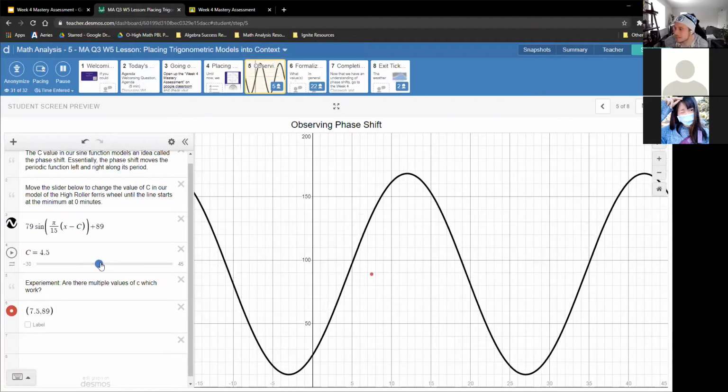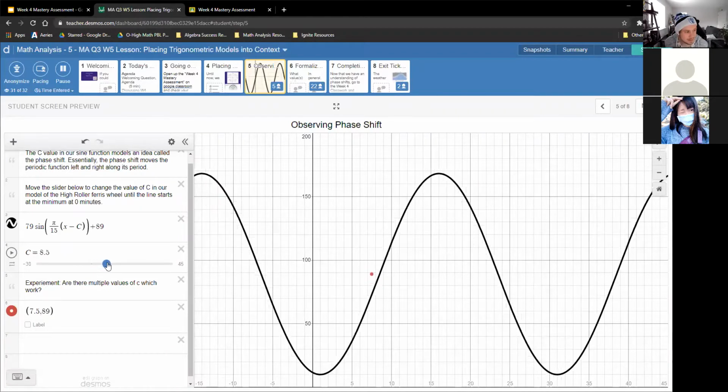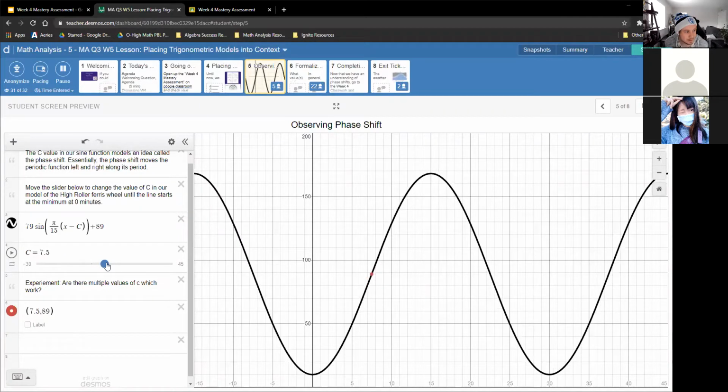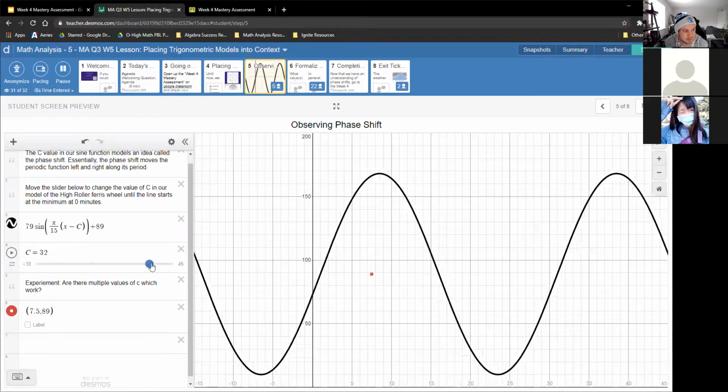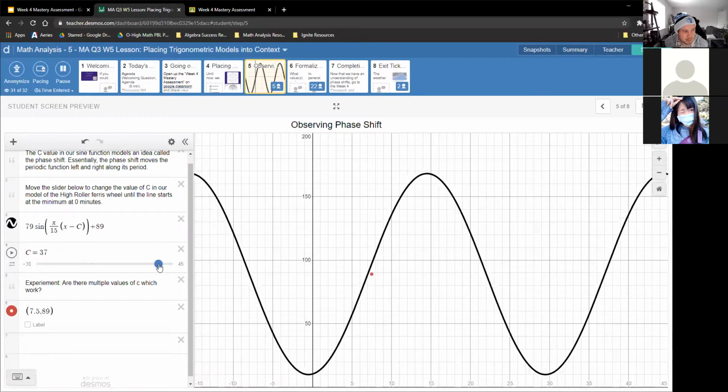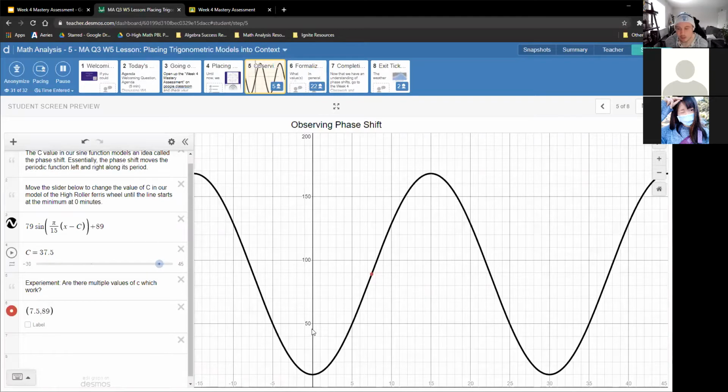So yeah. Can this be 37.5? Yes, it could be 37.5. Can anyone think of any other numbers that it could be, other than what we had so far: negative 22.5, 7.5, and 37.5? Could there be any other numbers? 67.5, exactly. 67.5 is just adding another period, right? Yeah. 97.5, add another period.